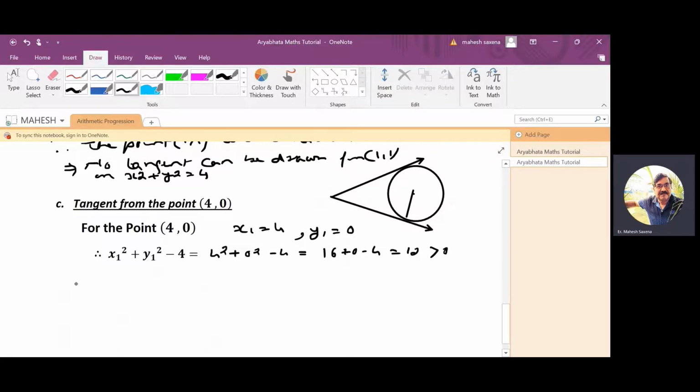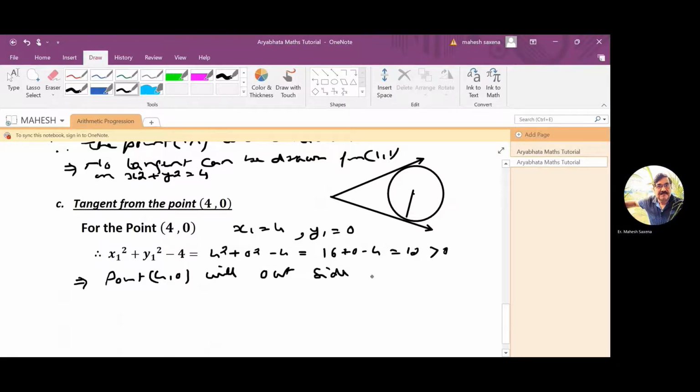Implies that this point 4 comma 0 is outside the circle.